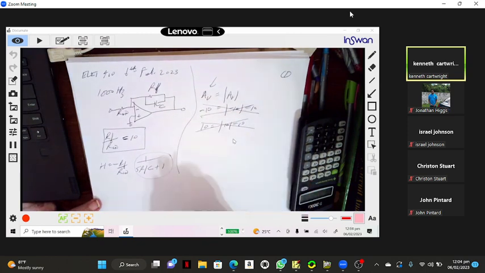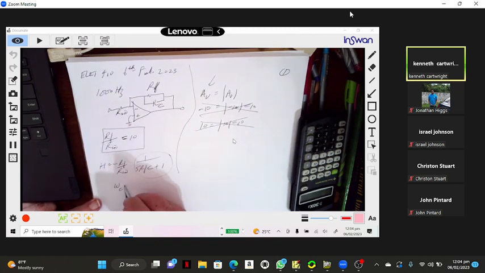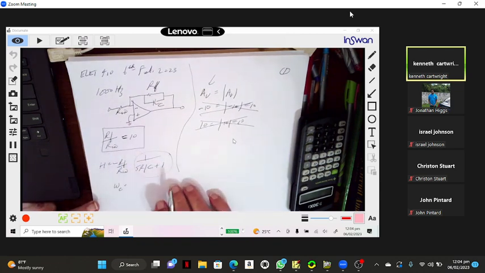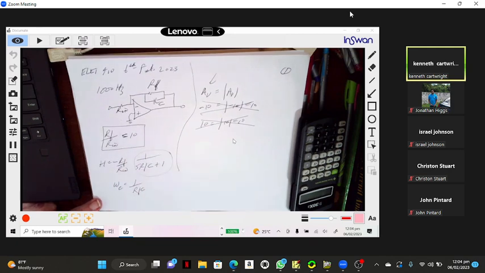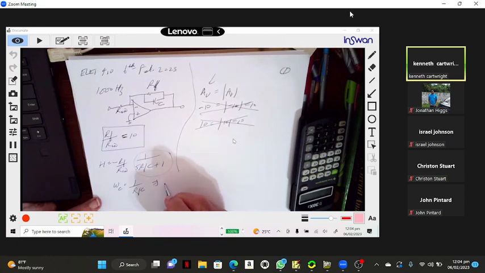All right. So clearly then, the cutoff frequency omega C is 1 over RFC, and omega C is 2 pi FC.